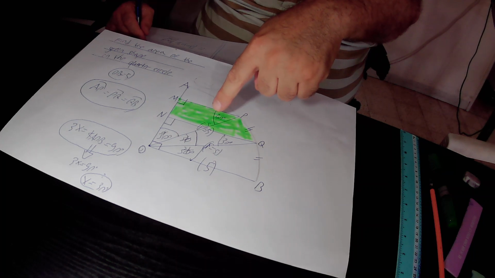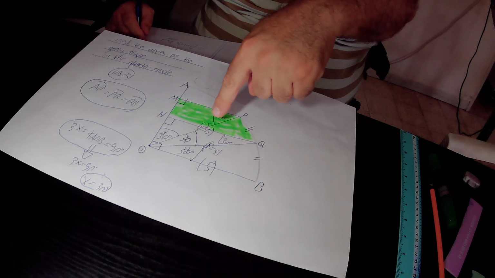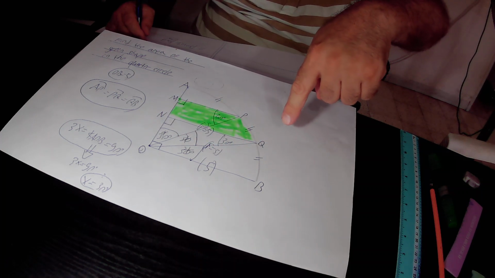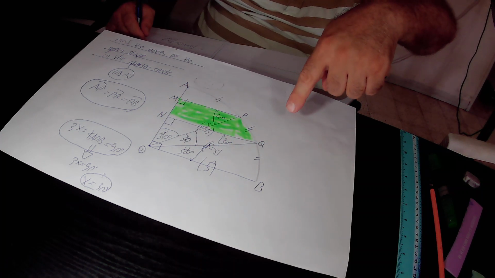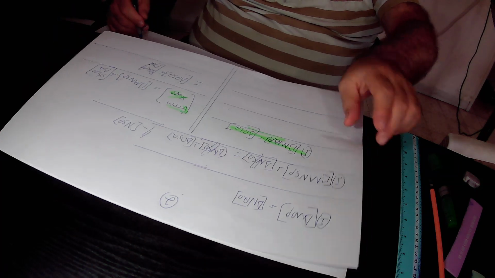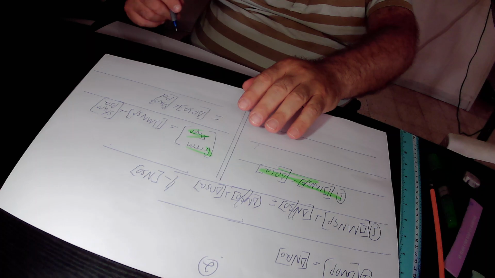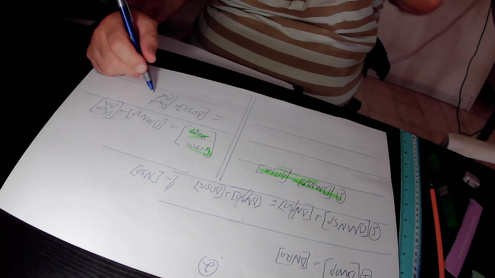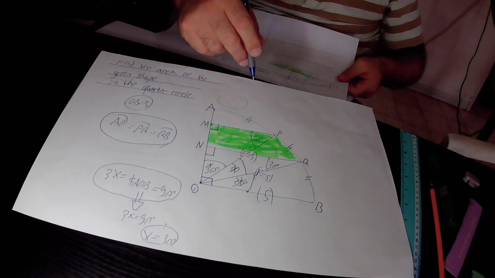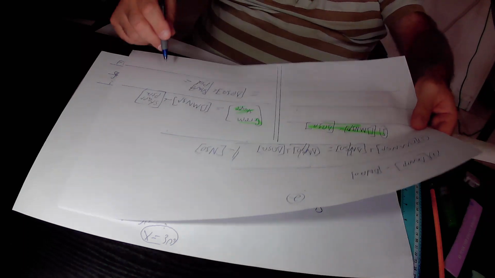But the area of the small shape PSQ plus the area of triangle OSQ is exactly equal to the area of sector POQ.